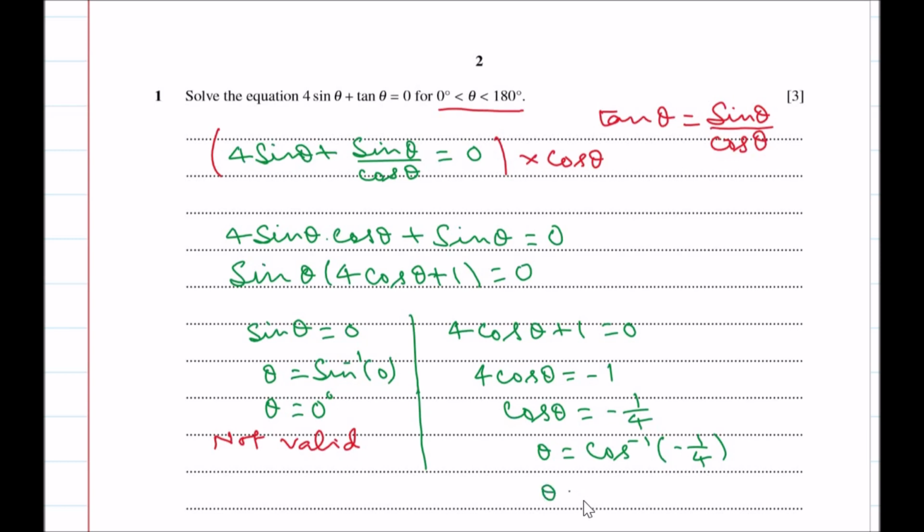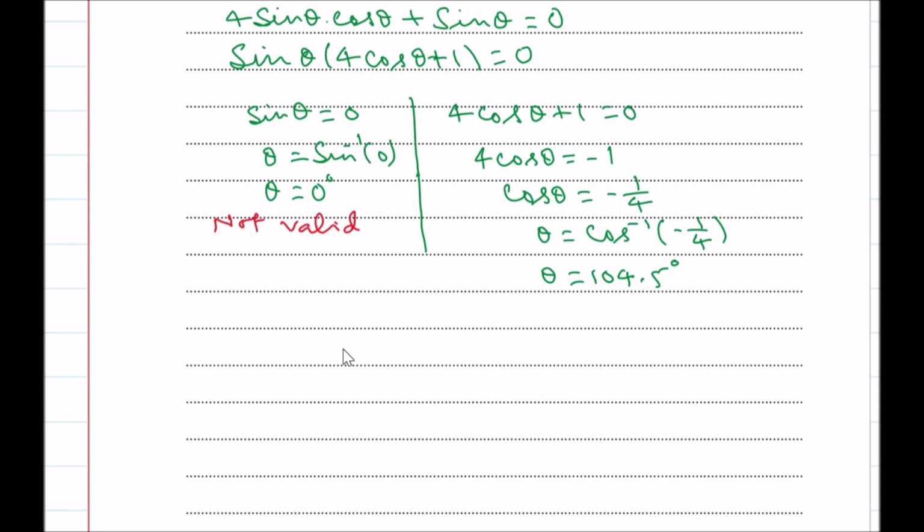If you take the inverse of this, in 1 dp we get 104.5 degrees. So this is our final answer: theta equal to 104.5 degrees. This is an angle, so I wrote it in 1 dp. Now you can always highlight the answer, so put it in a box.